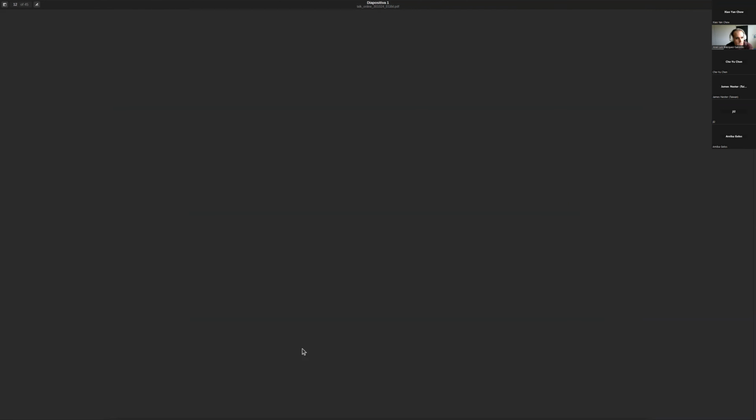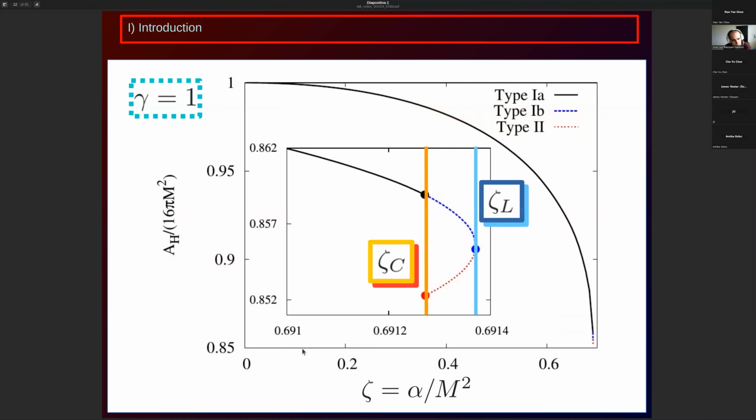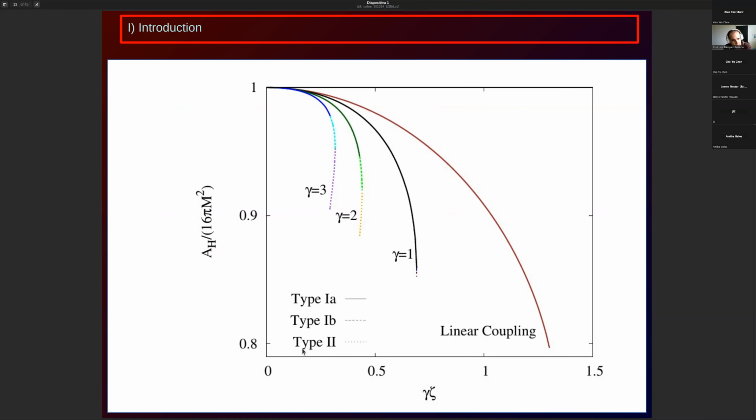So what happens? Well, another point I wanted to make: this feature of a limit value of the coupling constant is generic. Remember that we have this other coupling, the dilaton coupling, the gamma parameter. If you change the coupling parameter from the previous figures I showed you for gamma equals 1, the idea is the same.